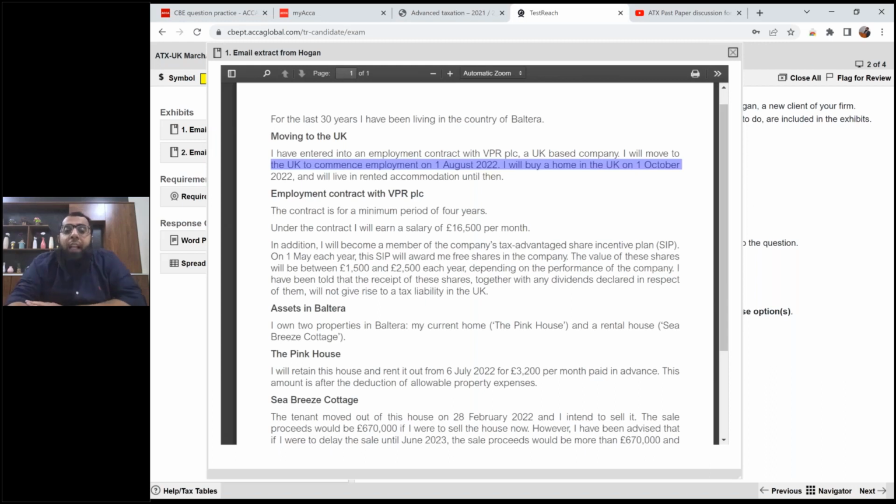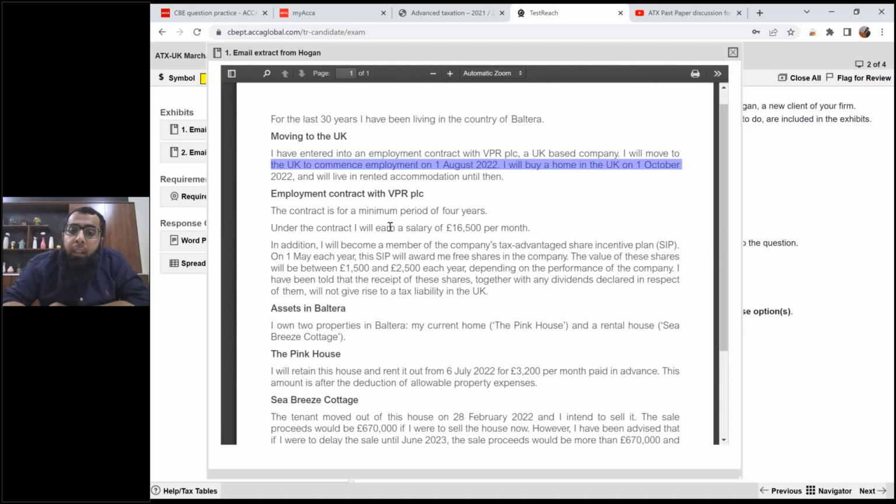Now, we have to calculate the income tax liability of Hogan for 22-23. First of all, what you need to understand is that Hogan became UK resident from 1st August 2022, because the split year basis is being applied. He got permanent employment in the UK on 1st August 22 and he became UK resident from that date.